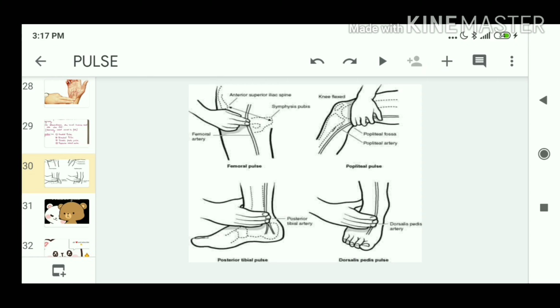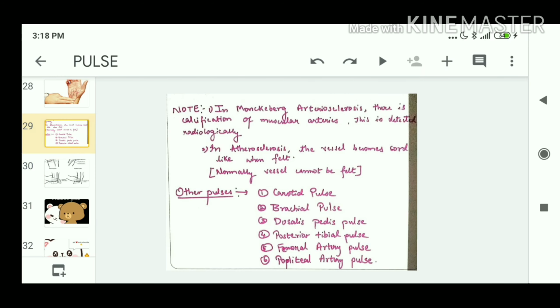You can find where you can feel the different pulses other than the radial pulse and apical pulse. There are six other pulses as well.